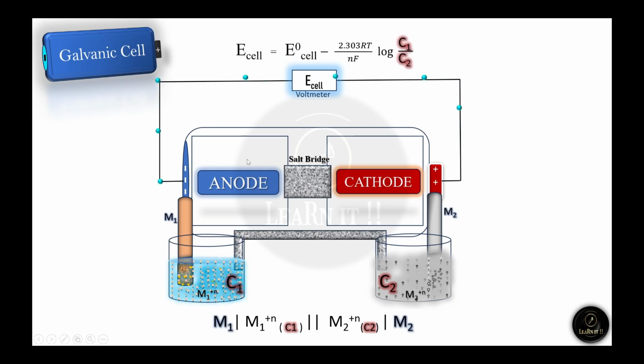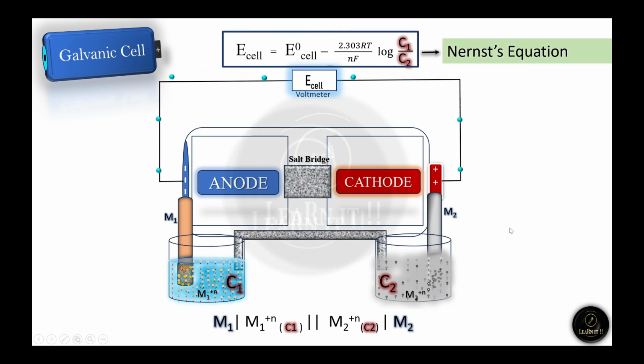E0 of the cell we get from the formula E0 of cathode minus E0 of the anode. The concentration of the anode is C1 and the concentration of the cathode is C2, that's why it is log of C1 divided by C2. This is called the Nernst equation.